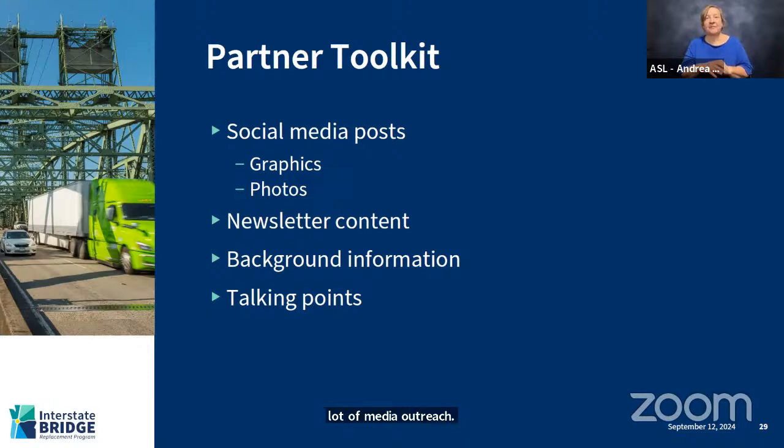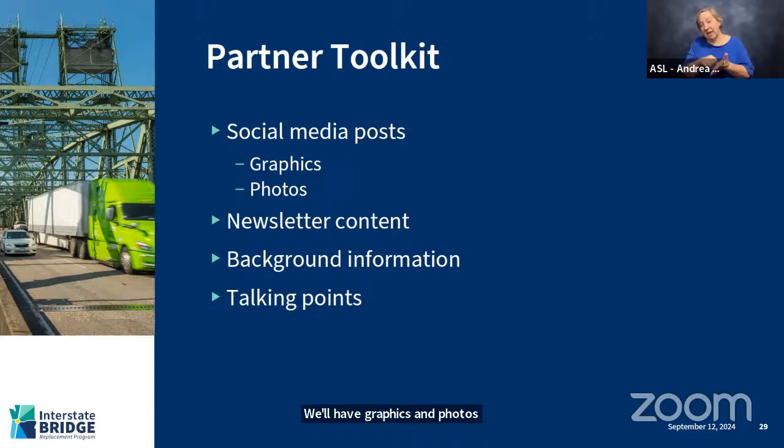The partner toolkit, just to give you a little sneak peek into what is in the partner toolkit and how you might be able to utilize it. There will be social media posts. You can just grab them and post them on your own channels. We'll have graphics and photos if you prefer to use something like that and create your own message. You can do that. We'll have newsletter content.